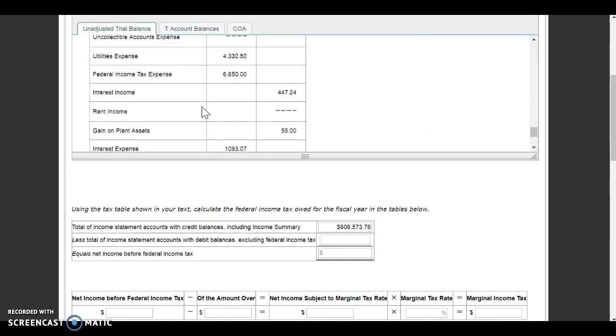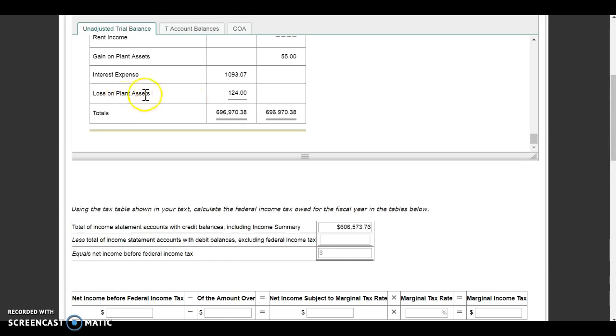And then my last one that I should add on is my loss on plant assets of $124. When I add that all together, I should get $530,334.24.